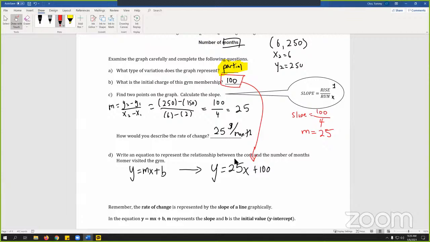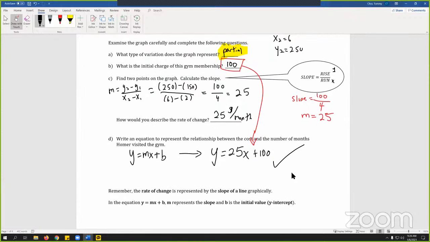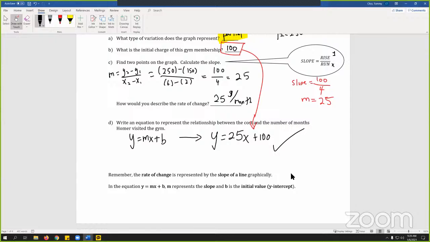And there's our equation, and this would be a full check. Perfect. So remember, the rate of change is represented by the slope graphically, and we use y equals mx plus b for partial variations. We use y equals mx for direct variations, right? So those are the two equations that you should have ready and good to go.